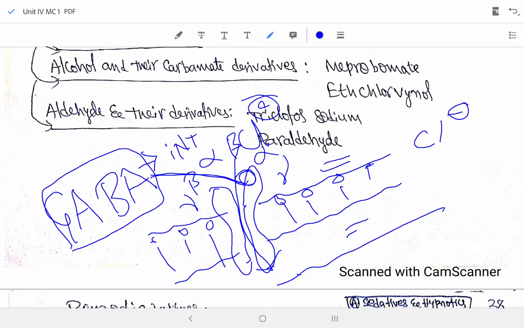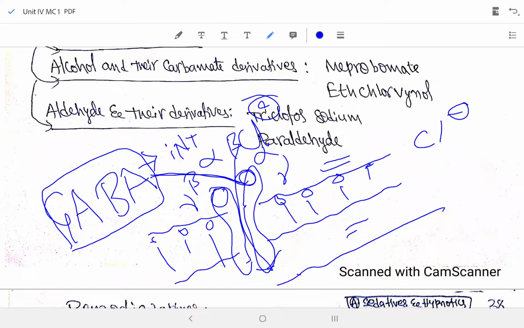This is the normal process that happens inside the central nervous system neurons. When we use benzodiazepine or barbiturate, they will bind here along with GABA. They will potentiate the action of GABA. Potentiation of the action of GABA means they will support GABA in making more chloride influx.